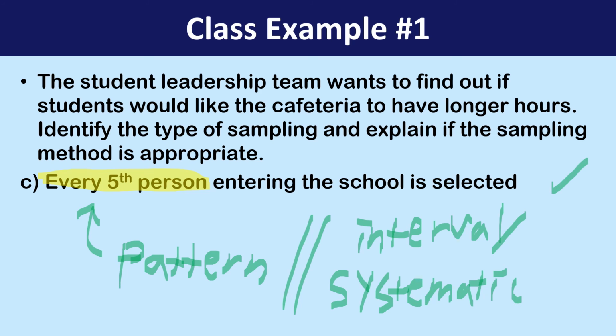I like to say this method is rather appropriate. I know this can be argued, but if you think about students who enter the school randomly, that's a fancy way of saying you are doing some kind of survey and you're not controlling who's coming first to the school or who's exiting the school.